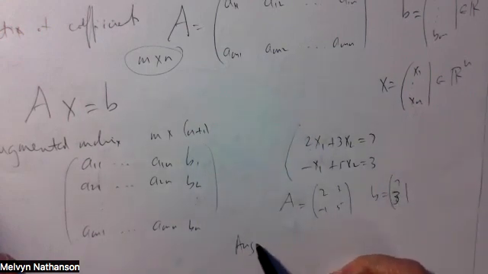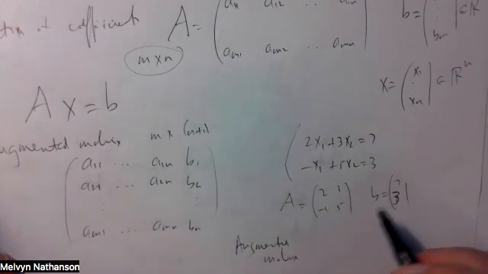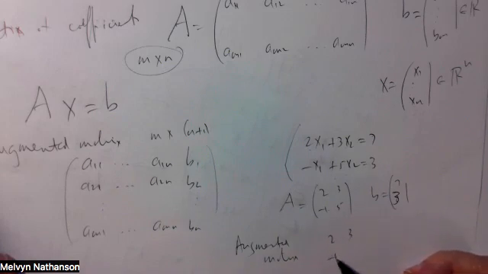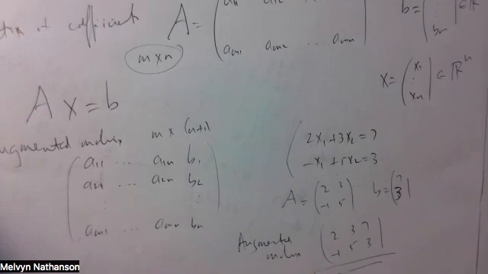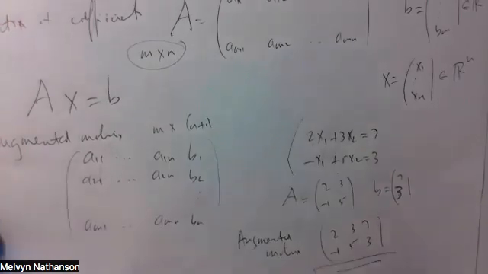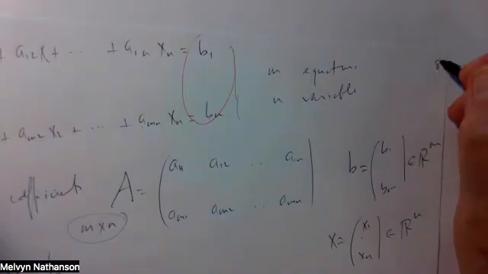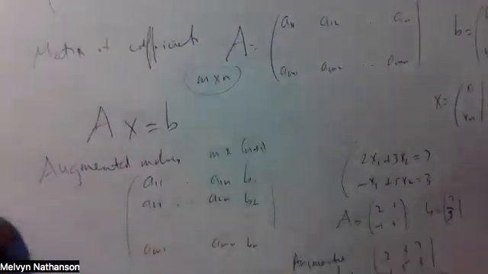And the augmented matrix is this matrix with this column added: 2, 3, minus 1, 5, 7, 3. So that's the augmented matrix for this system. Okay. Any questions so far?